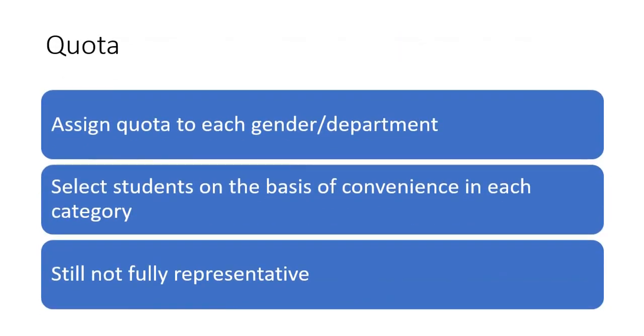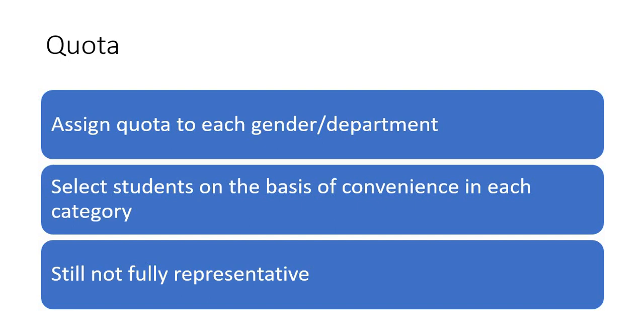So, one workaround for this problem is to assign quotas. For example, we might have an idea that there are 60% female students in our university, so we decide to maintain this 60-40 ratio in our sample, and we decide to include 600 female students in our sample of 1,000 and 400 male students.